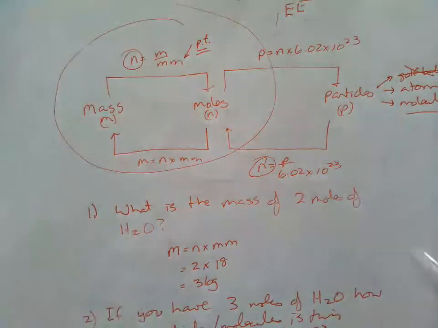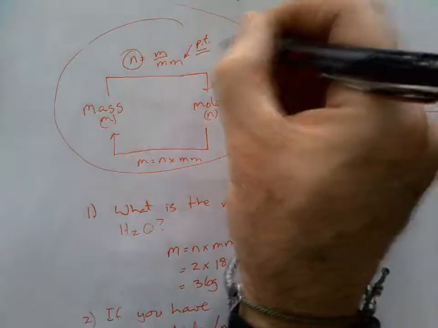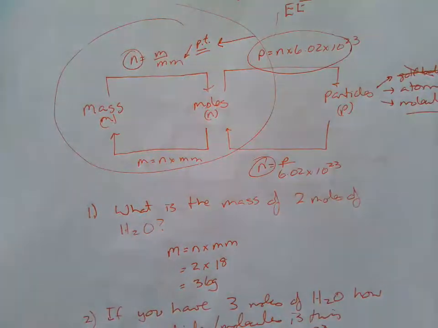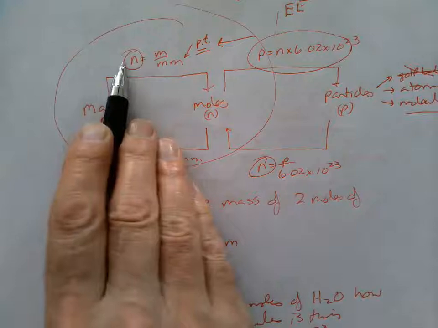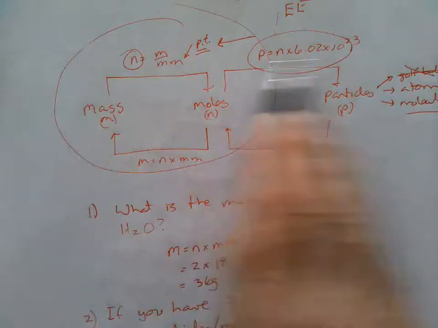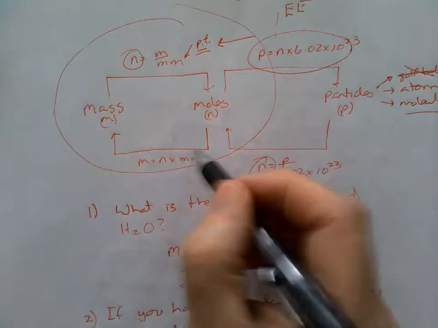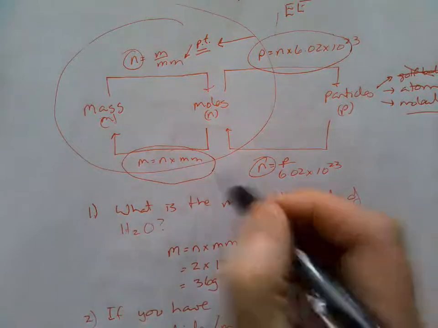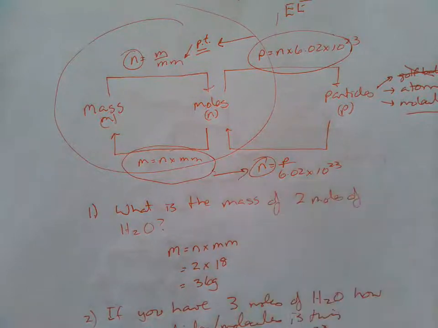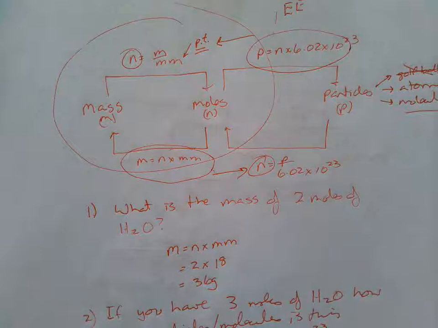If you ever get a question that you cannot solve using a formula, go back to the formula below that or before that one. So you go to moles equals mass over molar mass because you can't just use this one. So if you get a formula here and something's missing, you have to go back one formula. Whenever you can't put the right thing in the equation, go back one formula.